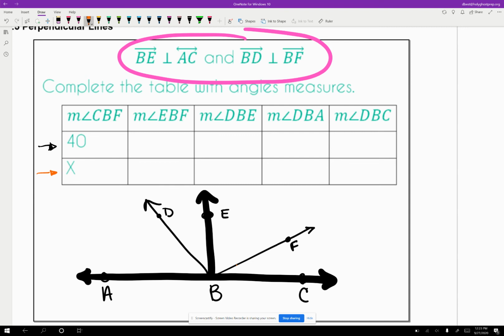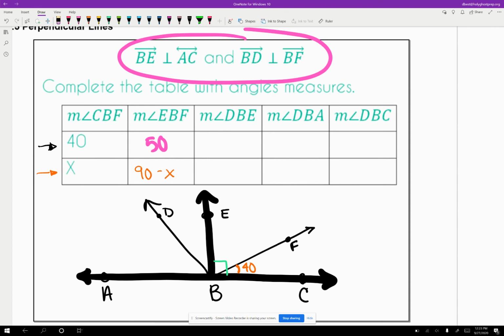If I know this is 40 degrees, and using my given information here, I know I have a right angle, that means EBF has to be 50. And the way I did that will help me answer for my second row. I did 90 minus X, 90 minus this angle measure.